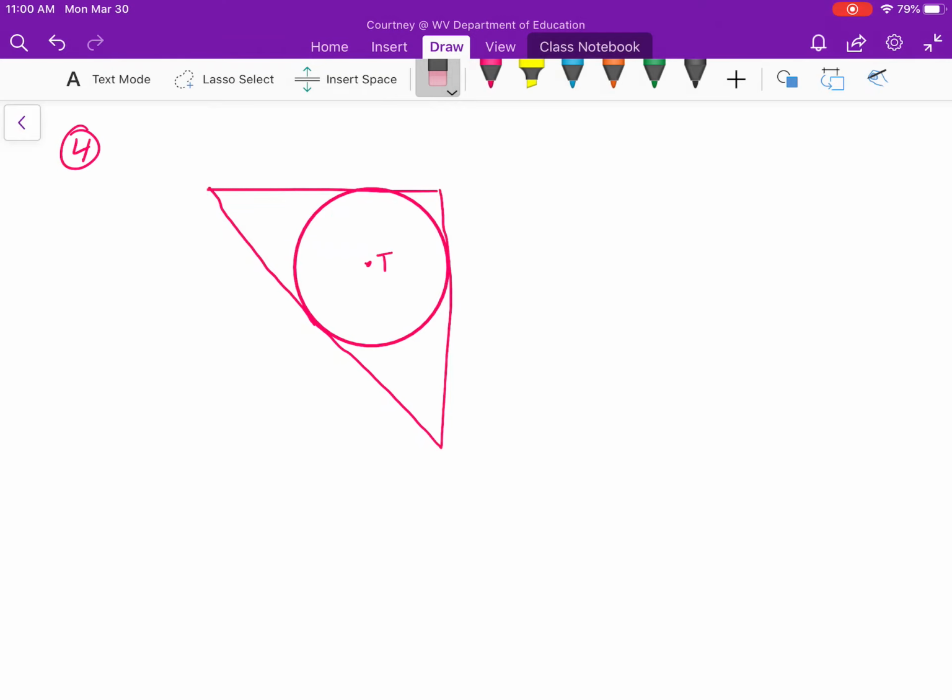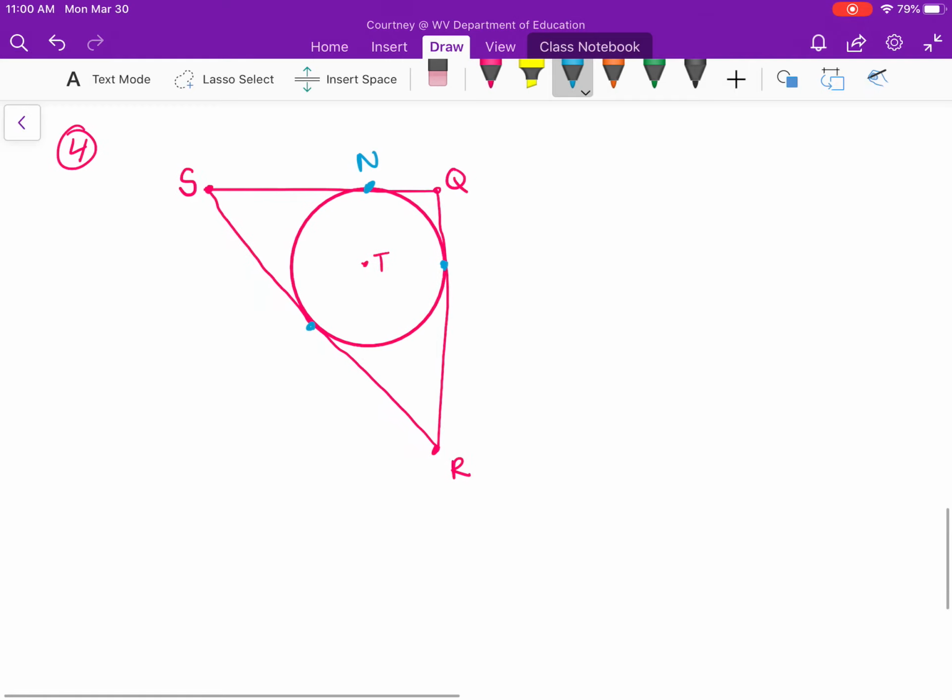So there's our drawing. This is point Q. This is point R. This is point S. And then our points of tangency: we have N up here, we have L over there, and M right there.